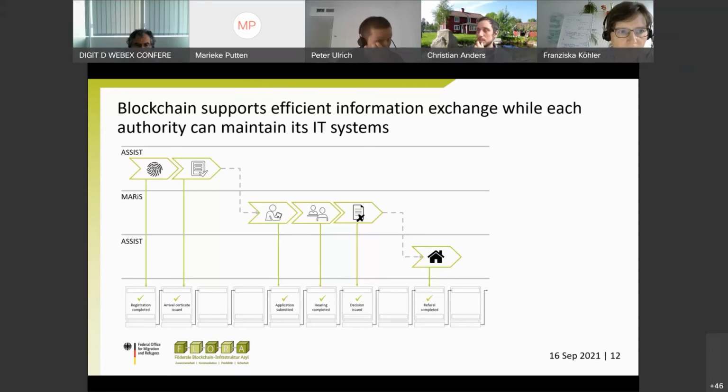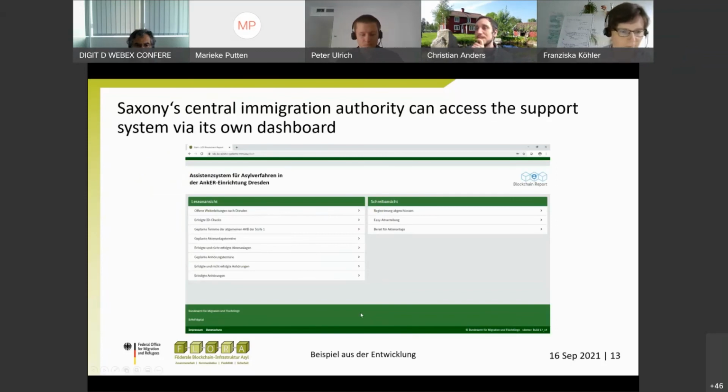In the next two slides, we have a brief example of how the system we developed looked. So yes, the next slide, please. Thank you. This green screen you can see is from Saxony. That's the user interface for Saxony. That's how it looks.